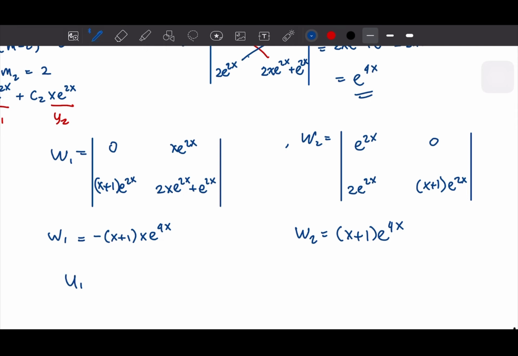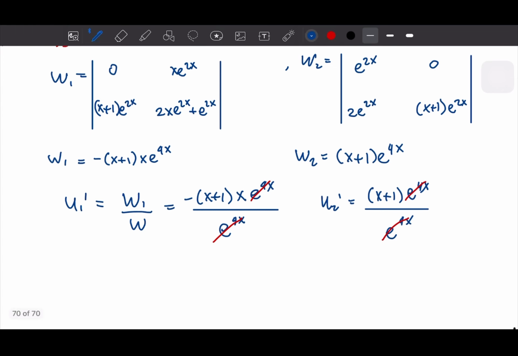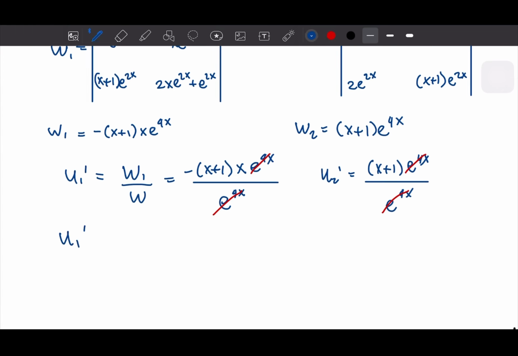Now u1 prime is Wronskian 1 divided by the general Wronskian. It's nicely done. We can cancel the e to the power of 4x, right? Also the other part, we can cancel easily. So we can find u1.